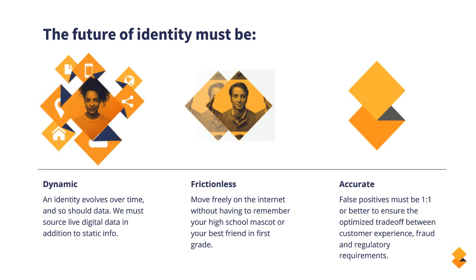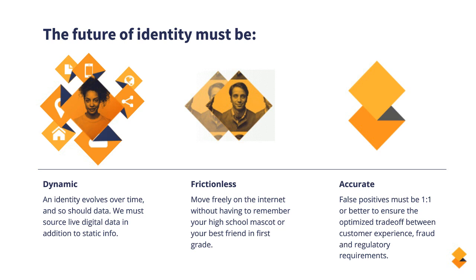And the future of identity verification must be accurate. So many of the point solutions and credit bureau solutions that exist in the market today have 10-to-1, 5-to-1 false positive ratios. At Socure, we believe that 1-to-1 or better is absolutely what must be delivered to ensure that the optimal customer experience is being delivered to your good consumers.